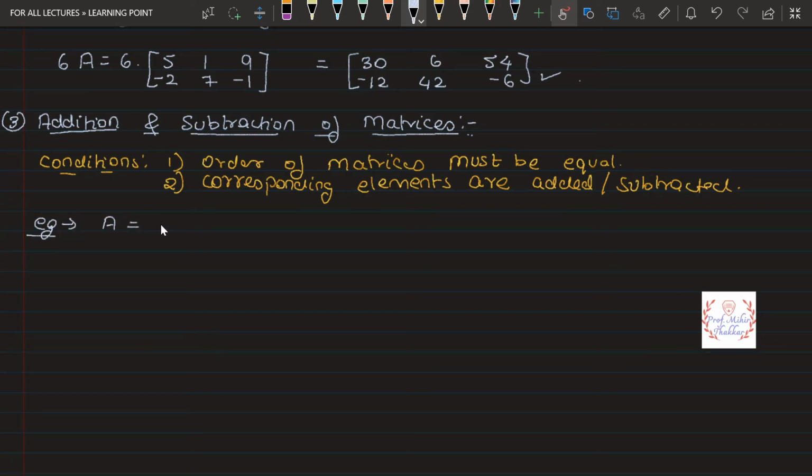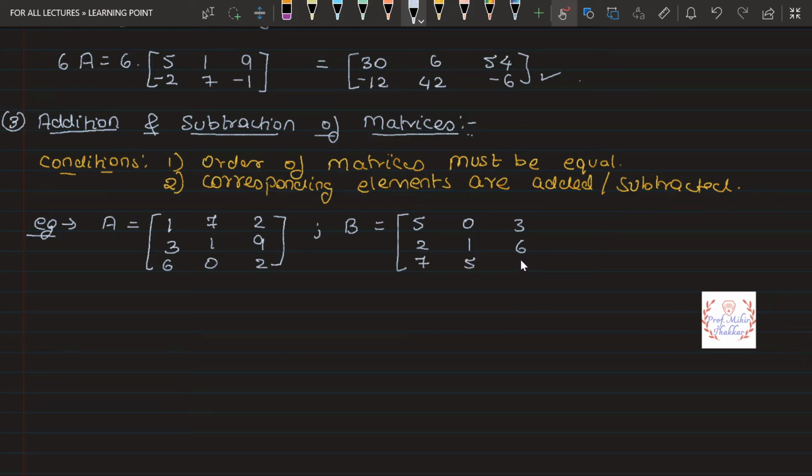Suppose if matrix A is given to be 1 7 2 3 1 9 6 0 2, and there is another matrix B, 5 0 3 2 1 6 7 5 and 1.